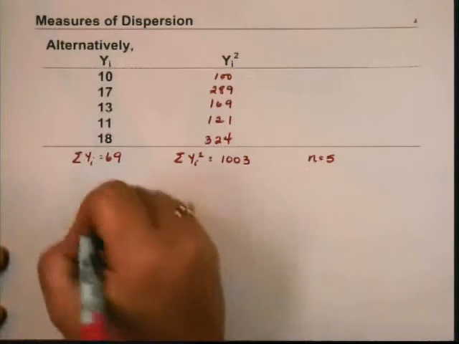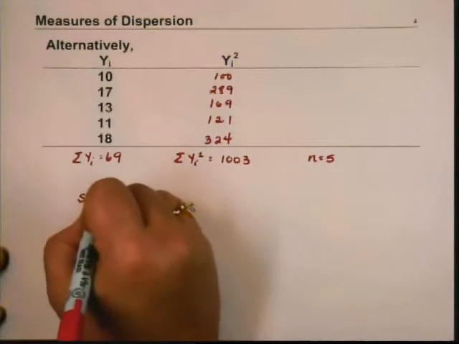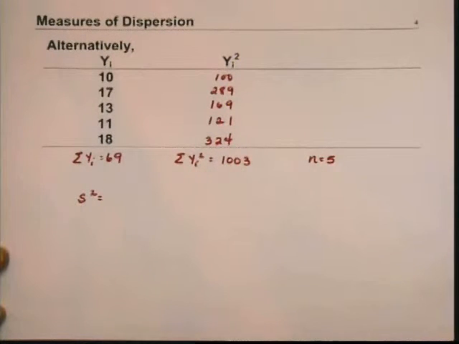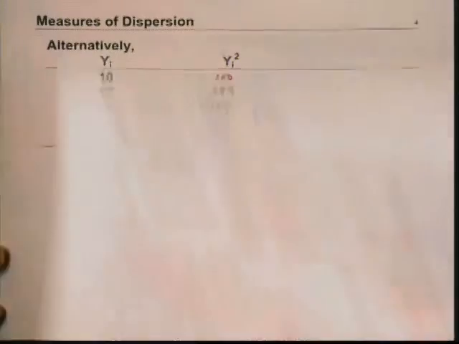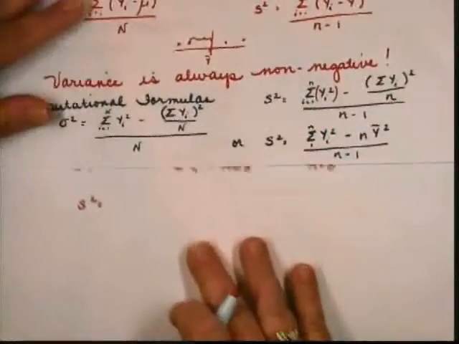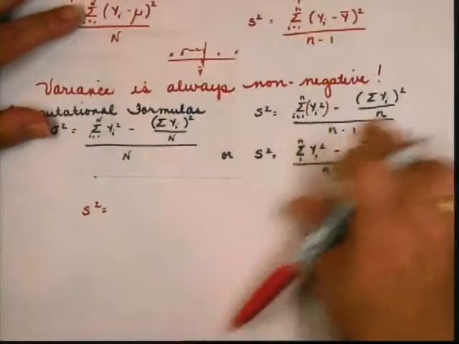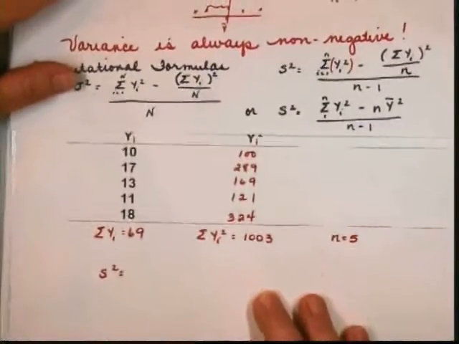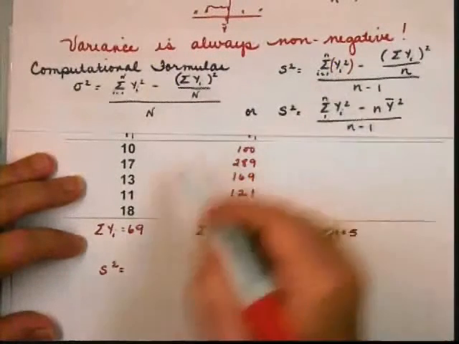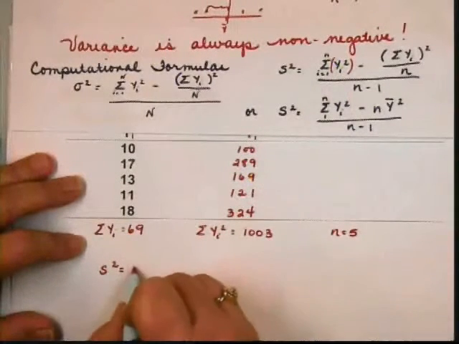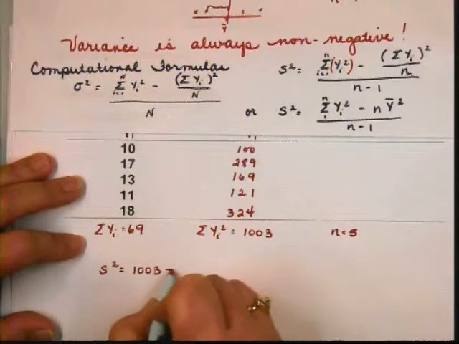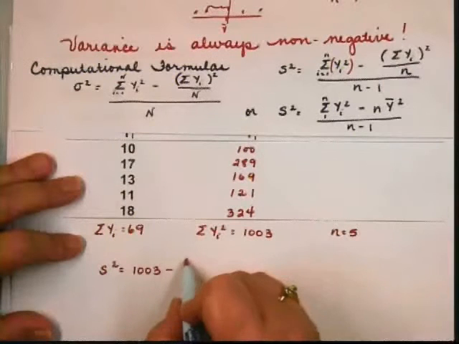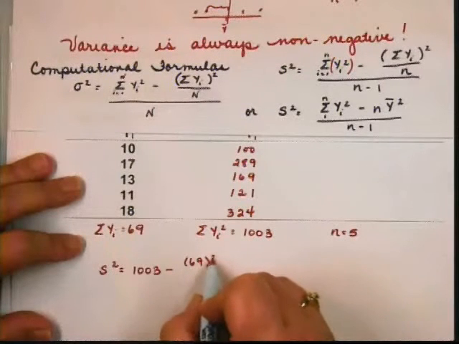All right, s squared is computed by taking the sum of the squared observations. So go back to that computational formula. Over here on the right, if we look at this top one, the sum of the squared yi's is 1003, minus the sum of the yi's, which is 69, and only the 69 is squared.